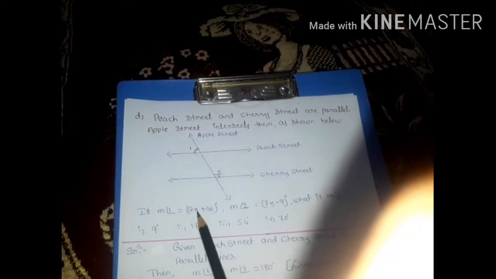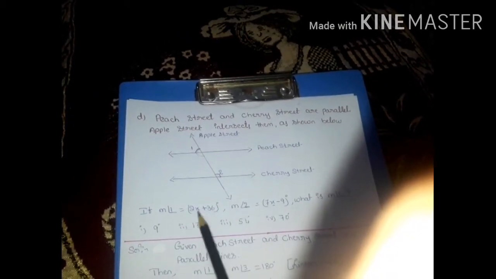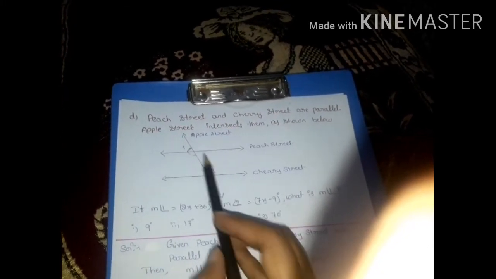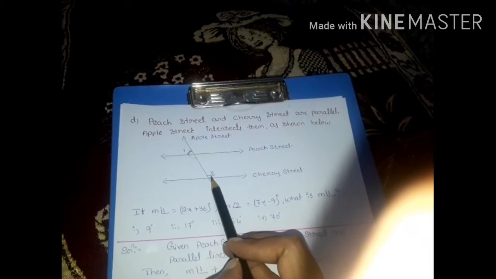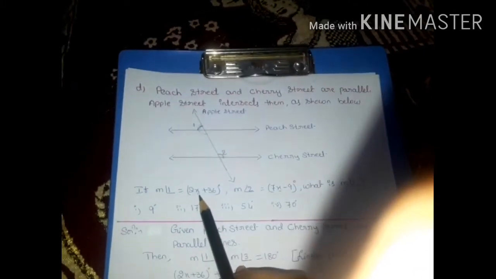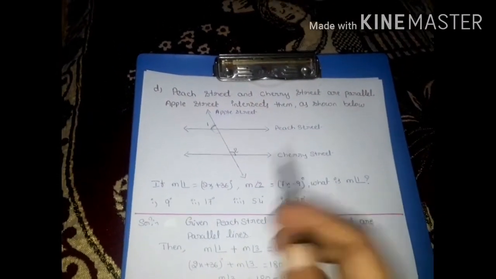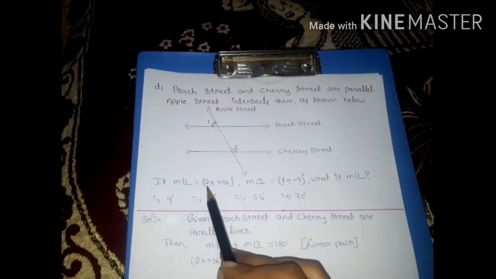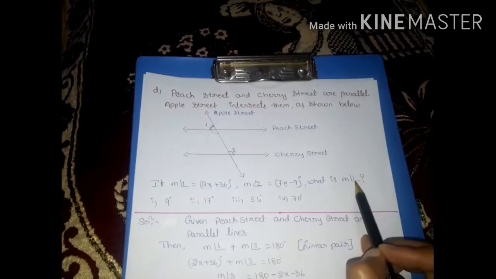Here m angle 1 is 2x plus 36 degrees. m angle 2 is 7x minus 9 degrees. Angle 1 and angle 2 are given. Here x is unknown, that you have to find. Later you have to substitute the x value in m angle 1 to get the m angle 1 value.